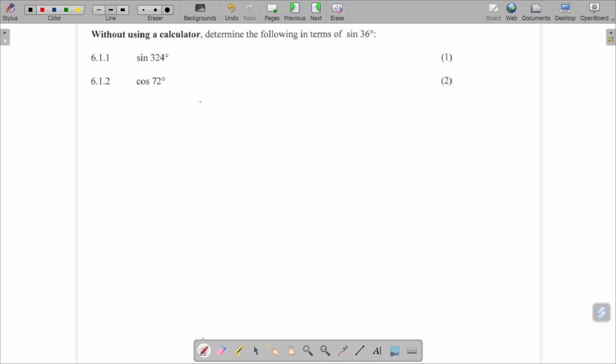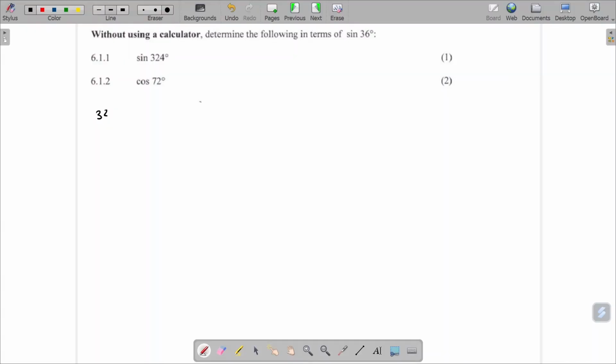So what we need to see is the relationship between sine 324 and 36. Now it is true that 324 is 9 times 36, but we don't have any rules for timesing. We've got rules for adding and subtracting. So I'd much rather think about adding and subtracting.